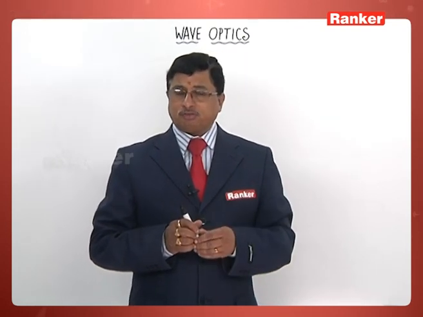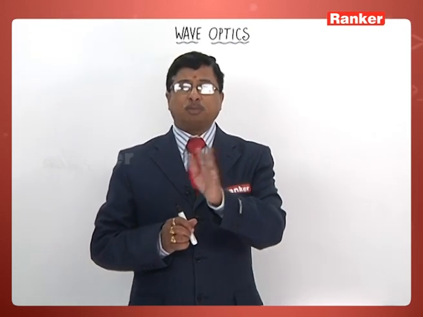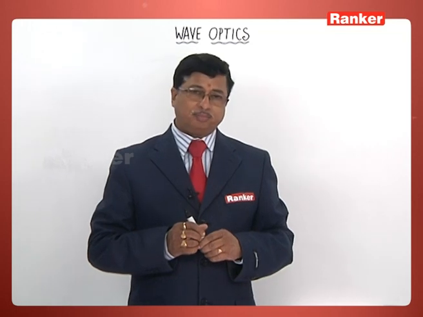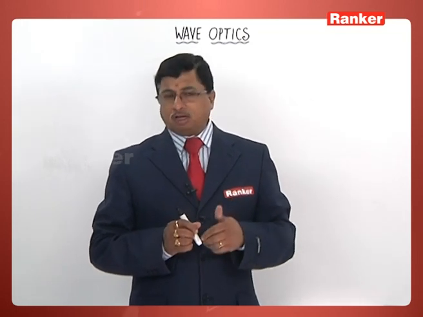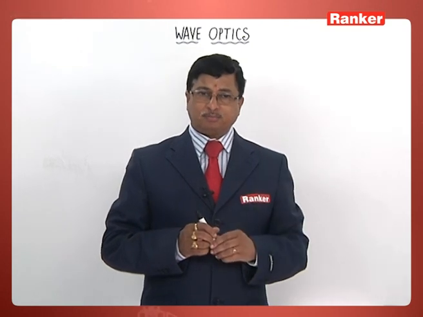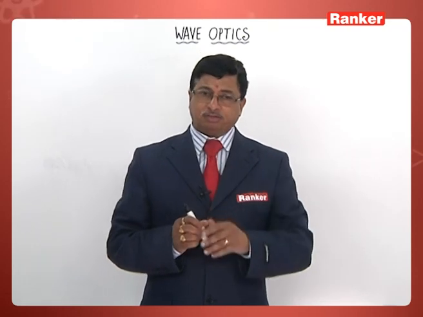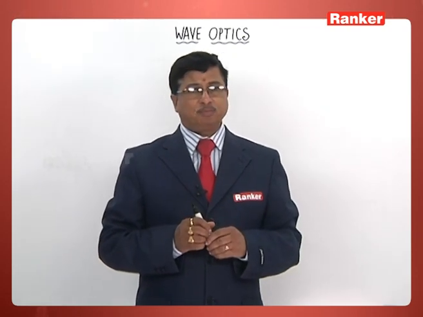Whenever we observe this interference, we are going to find alternate bright and dark bands. We can understand that bright bands are due to constructive interference and dark bands are due to destructive interference.